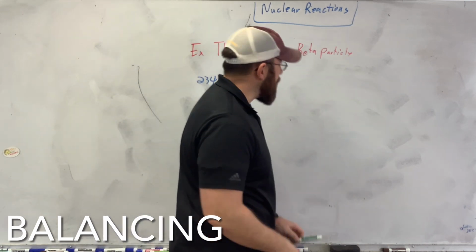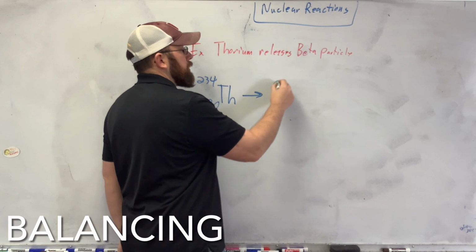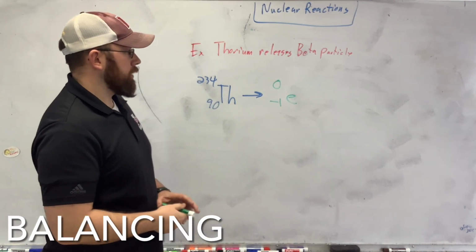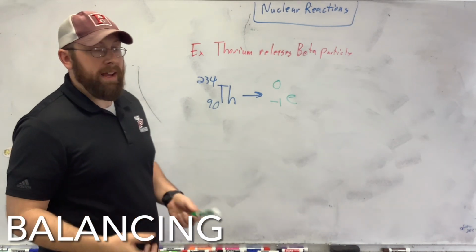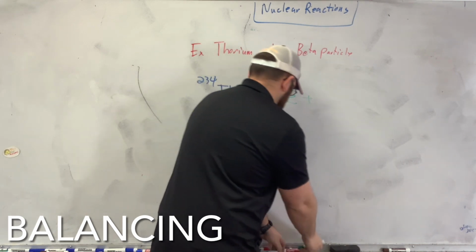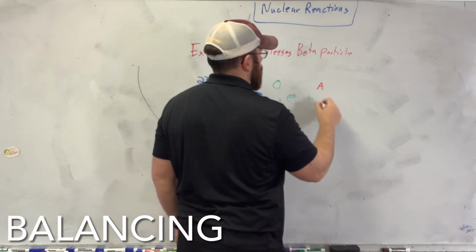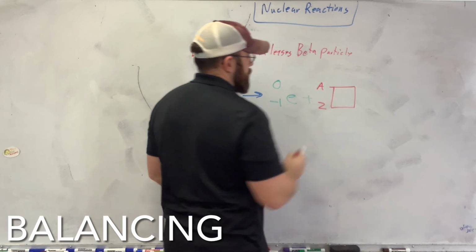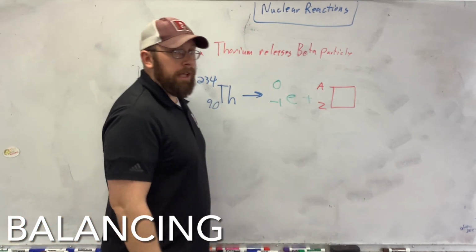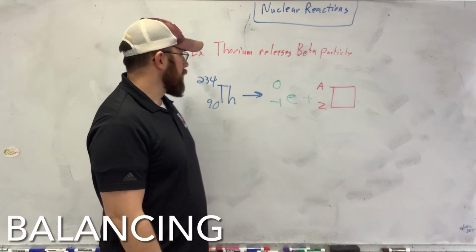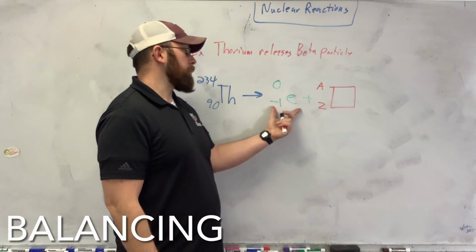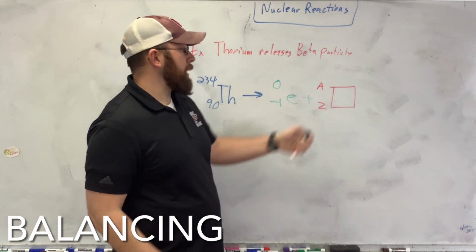So if it's a beta decay, what you're releasing is what looks like an electron. So what we're asking for here is, what is the new element? We have to figure it out. So thorium has a beta decay, or loses a beta particle. So you're losing no mass.